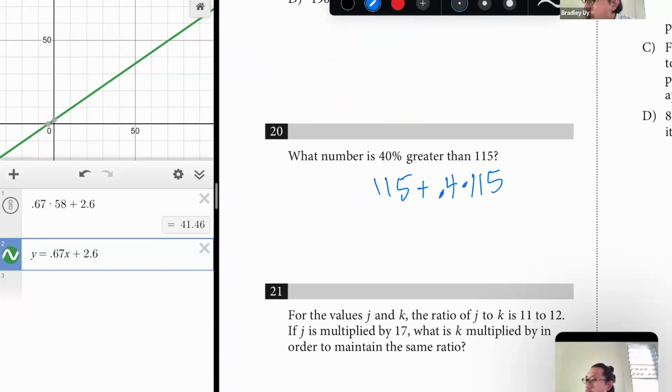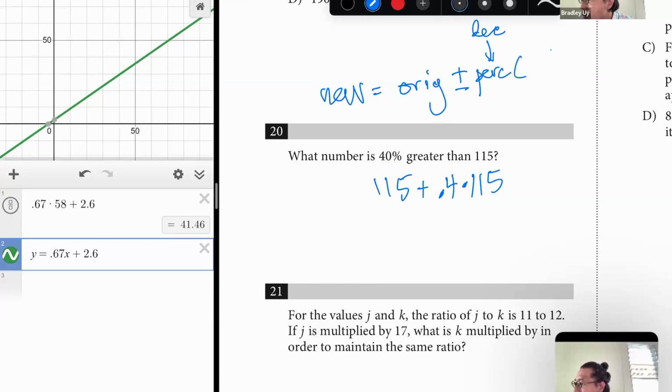The formula for percent increase or decrease is: the new amount is the original, plus in the case of increase, minus in the case of decrease, the percent, this has to be a decimal, increase or decrease, times the original. Which is why I'm doing 115 plus, because it's increase, because it's 40% greater than 115. And this is the 40% of 115.